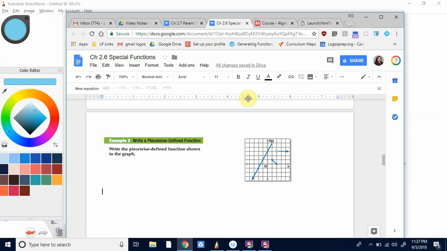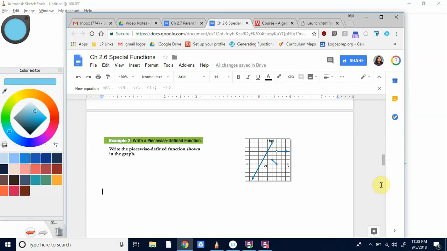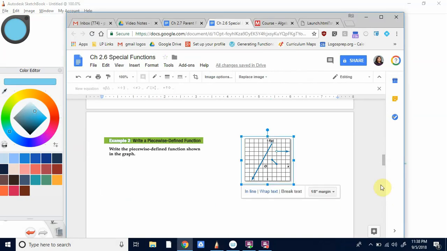Okay, so let's look at the next one. What's the next line? It's a horizontal line at what? 1, 2, 3. So that equation is just y equals 3. But we see it goes from the x coordinate 2 and to the right.